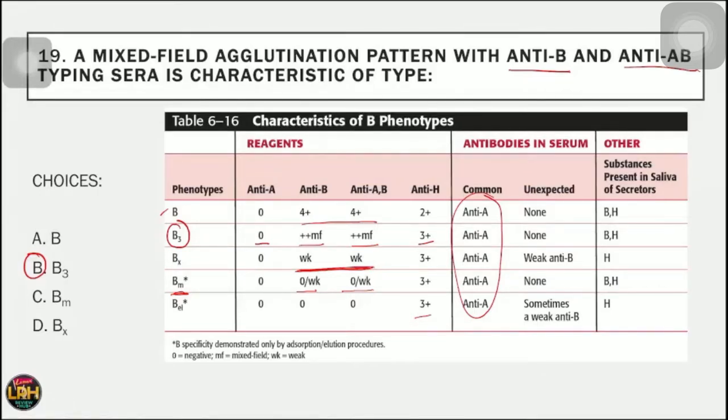Substances present in saliva: antigens B and H are present in B phenotype, the B sub 3 phenotype and the B sub M phenotype. For B sub X and B sub EL, they only contain H antigen in their secretions.